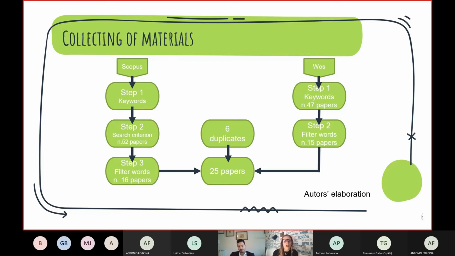In total, we have identified 45 papers. The research was made on March 27, 2020, and 25 papers have been identified that we can use to realize a systematic literature review.